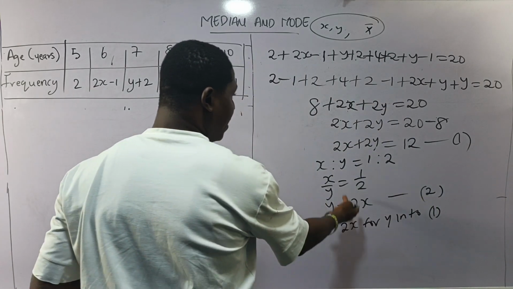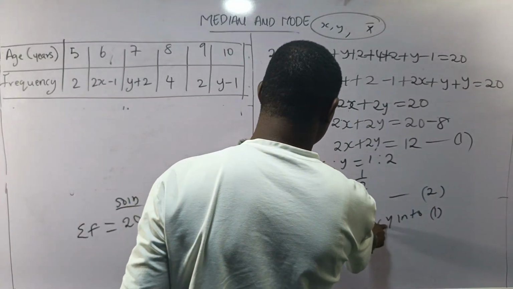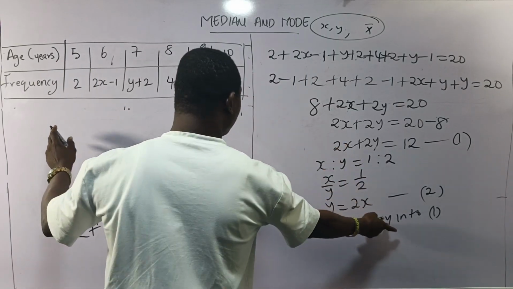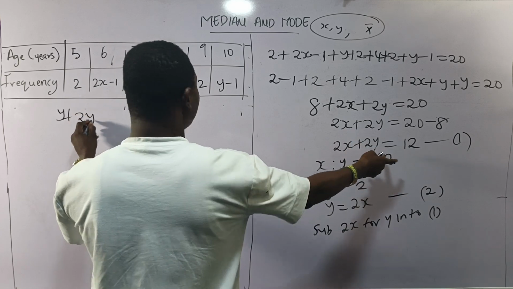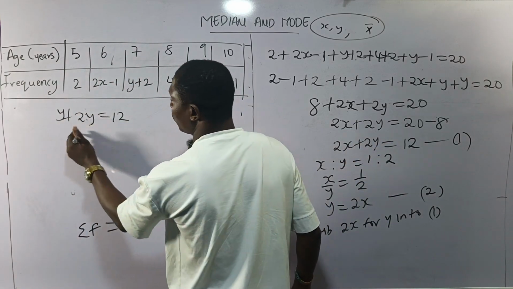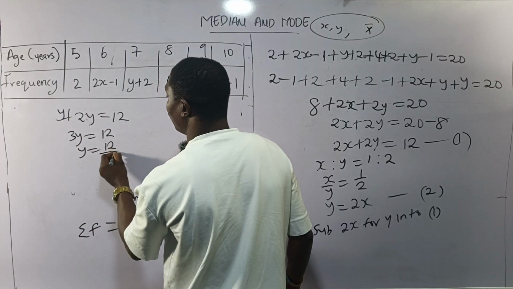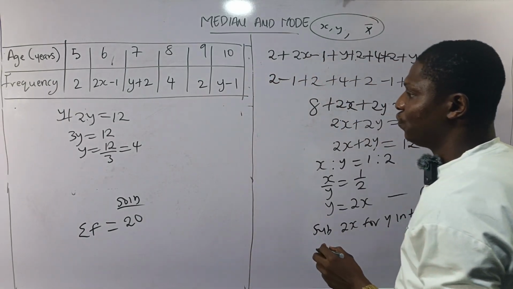So wherever I see 2x, I'll put y. So from this now, in place of 2x, I'll put my y. So I have y plus 2y will be equal to 12. Now y plus 2y will give me 3y equals 12. And y will be equal to 12 over 3, which is equal to 4. So my y is equal to 4.